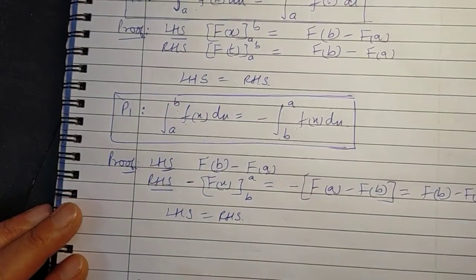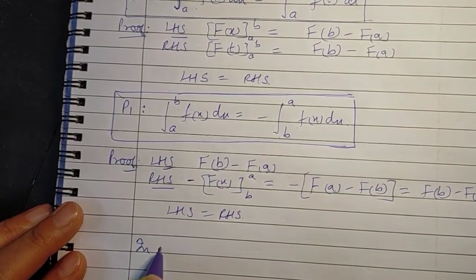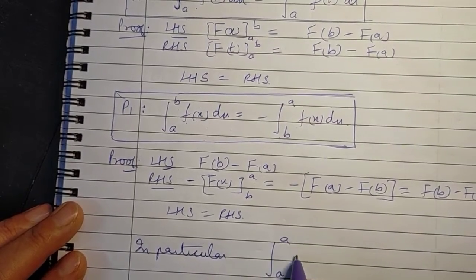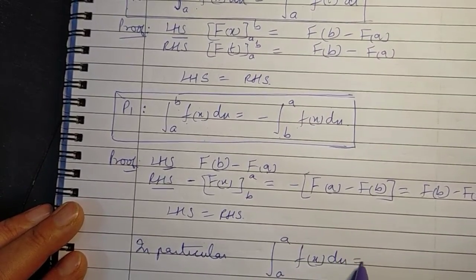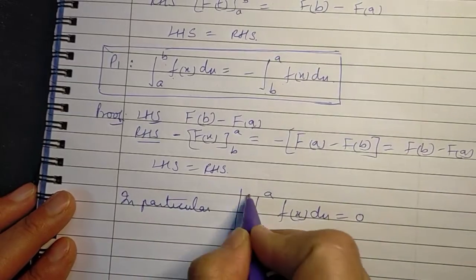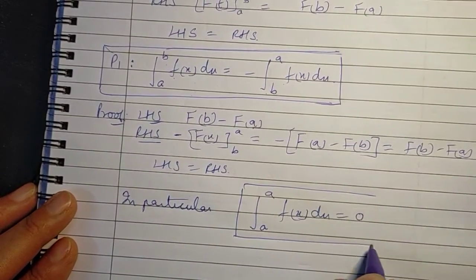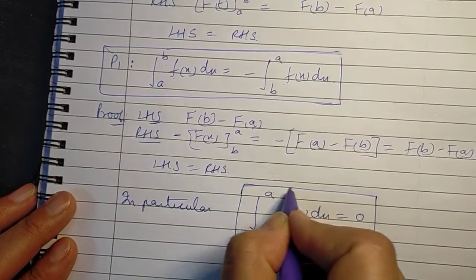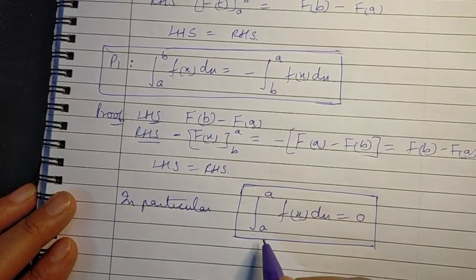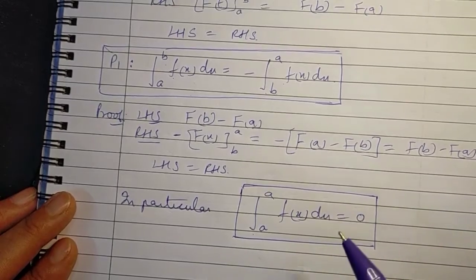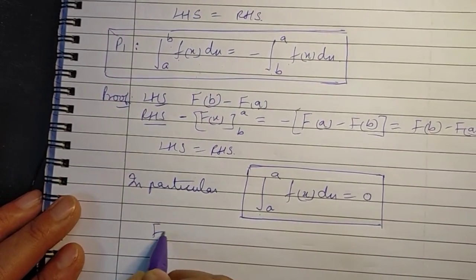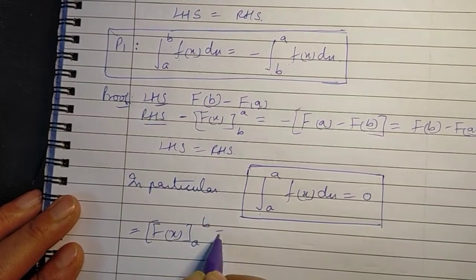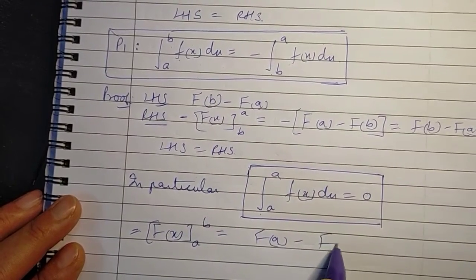In particular, we also have the integral from a to a of f(x) dx equal to 0. It means if you are integrating a function from a to a, that is, the upper limit and the lower limit are the same, the value of the integral is zero. Very obviously, the value would be F(x) from a to a, which comes out to be F(a) minus F(a).